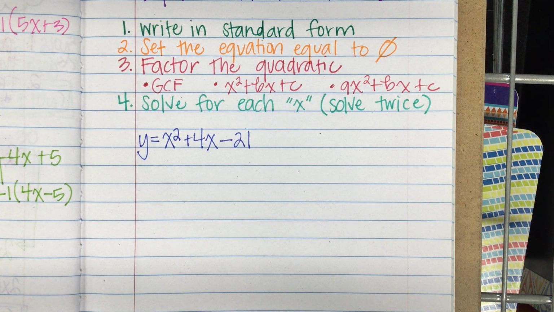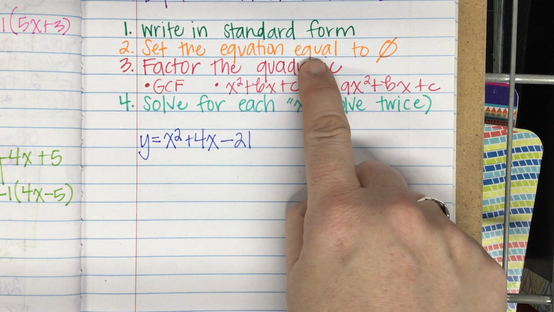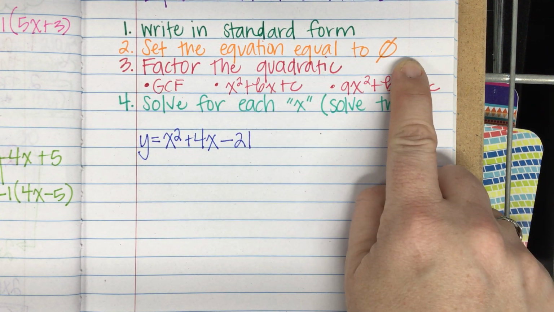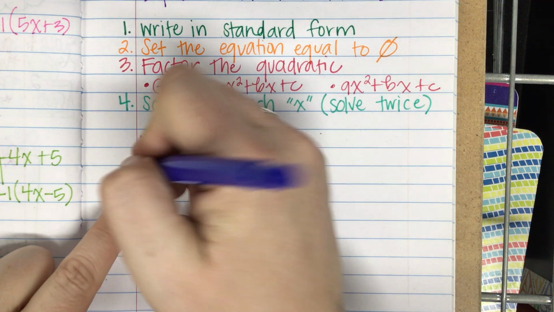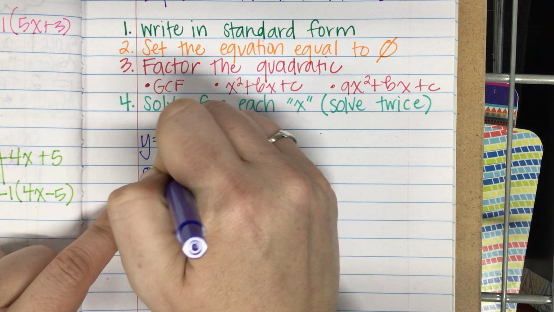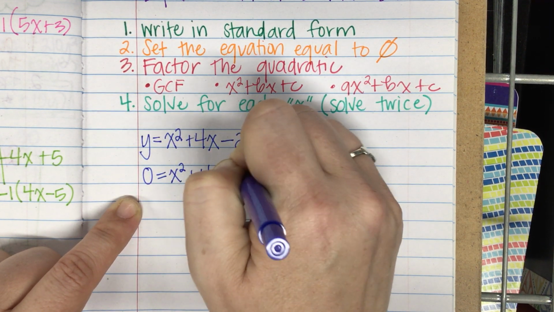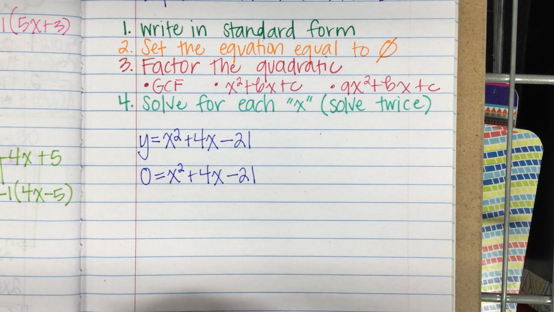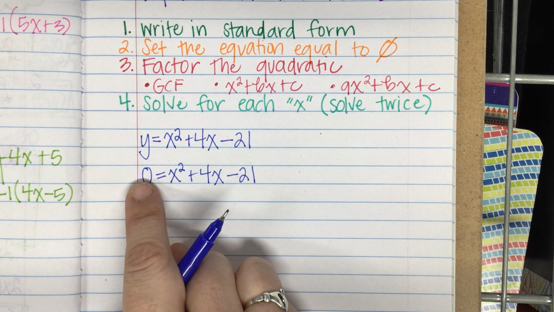Is it in standard form? Yes, it is in standard form. Step 2, set the equation equal to 0. All that means is that instead of y equals, I'm going to change it to 0 equals. So my y value is 0. When I put the answer, because it's going to be an ordered pair in x comma y, my y value is 0.